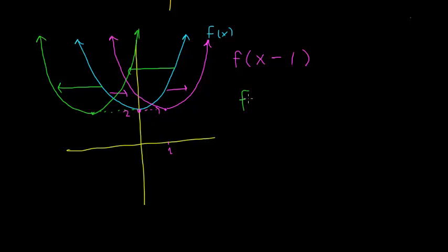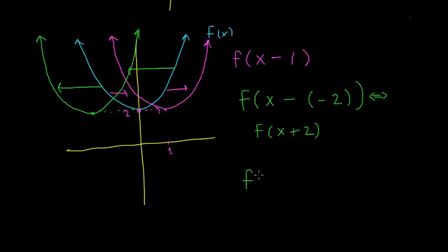And the formula for this is, again, let's subtract off, this time negative 2 units, because we want to move it to the left, which you might see as f of x plus 2, but I like to always think of it as subtracting, and then I just remember if I'm subtracting a positive number, it moves to the right, and if I'm subtracting a negative number, it moves to the left.